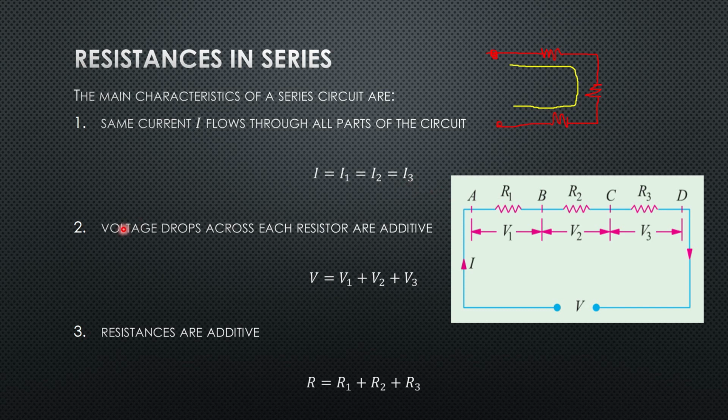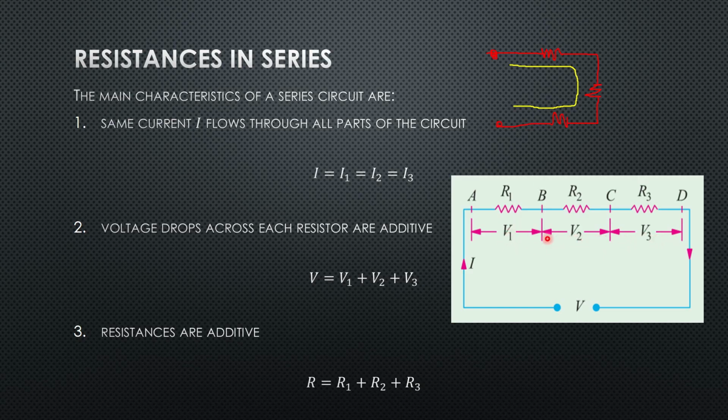For number 2, voltage drops across each resistor are additive. So voltage 1, voltage 2, voltage 3. These are the voltage drops across each resistance, and they are additive to give you the total voltage. They are not always equal.